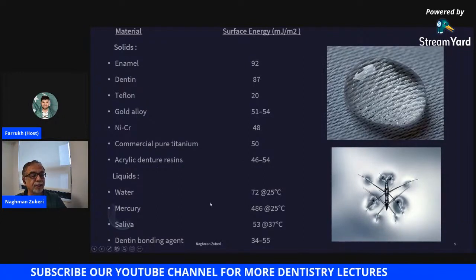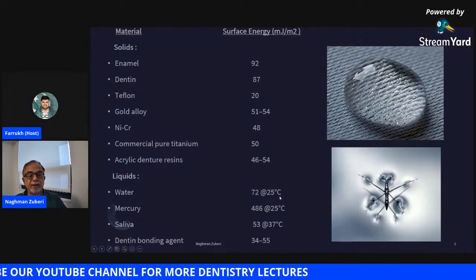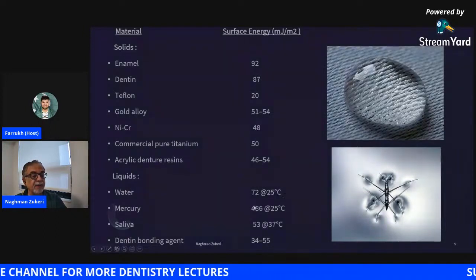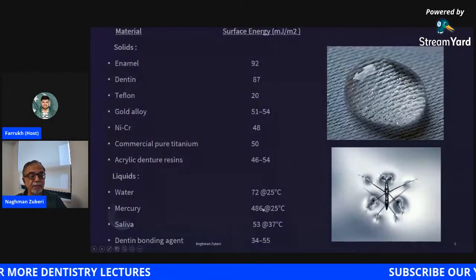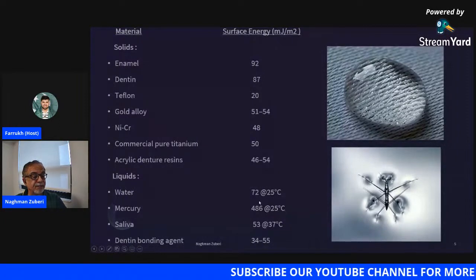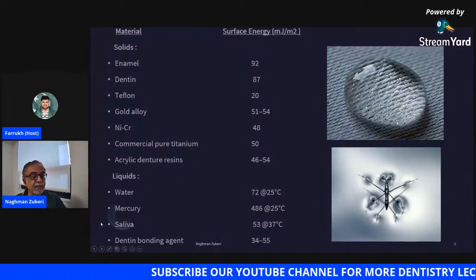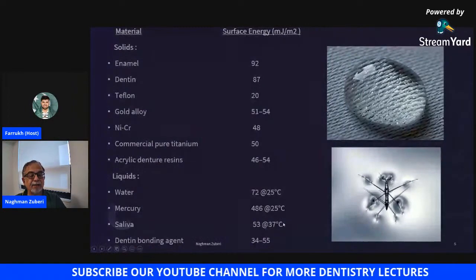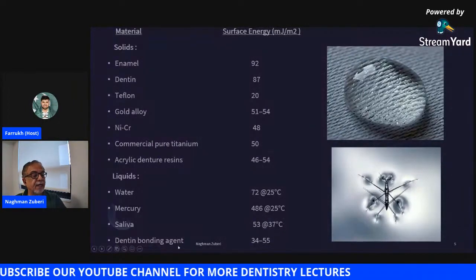And the liquids: water is 72 at 25 degrees centigrade. Mercury is 486 at 25 degrees centigrade, which is very high. Saliva is 53 at 37 degrees centigrade.